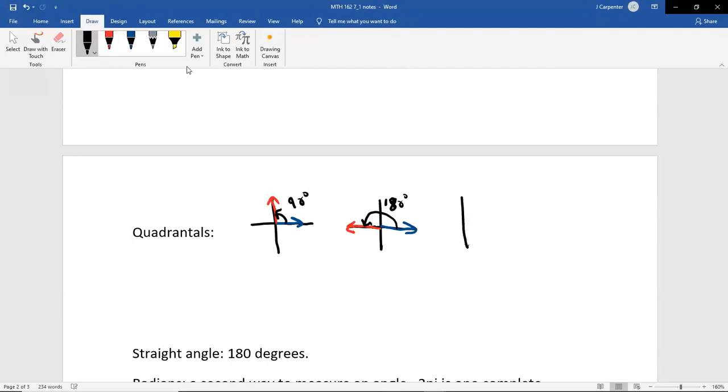Then blue here, red here. This would swing through quadrants 1, 2, and 3, so that would be 270 degrees. Every quadrantal is a multiple of 90. Spoiler if you haven't figured that out already.